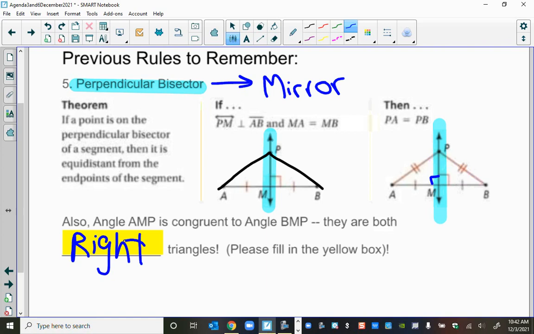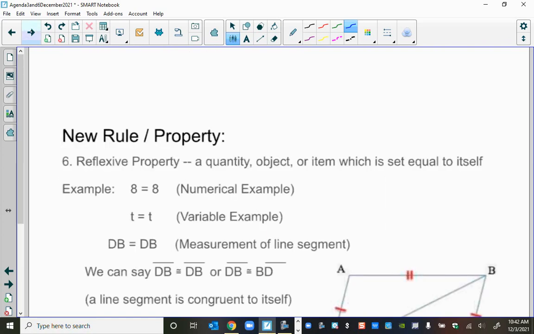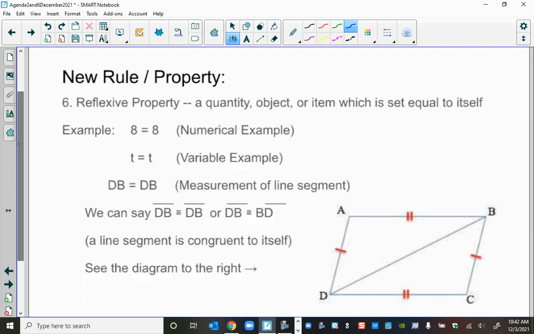And then the last one, we spoke about it briefly: the reflexive property. Something is equal to itself. It's the side that is shared.